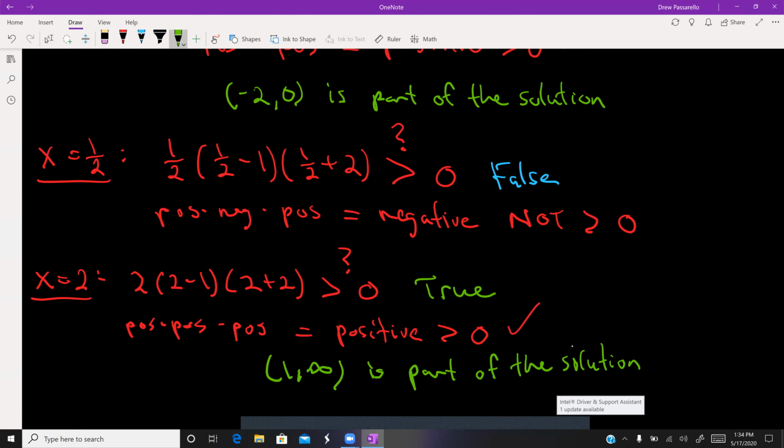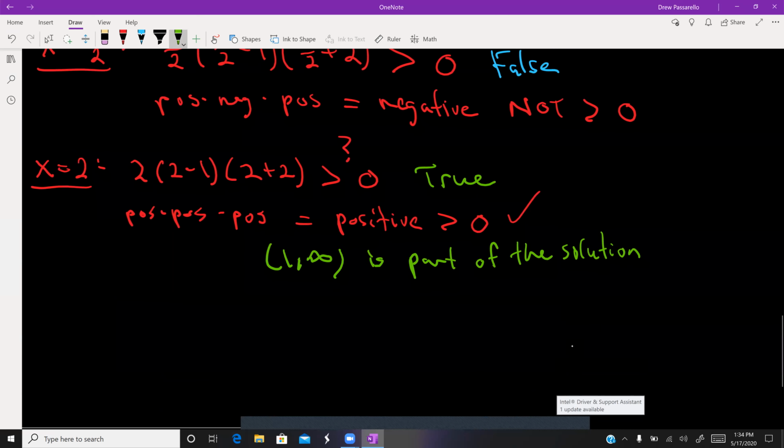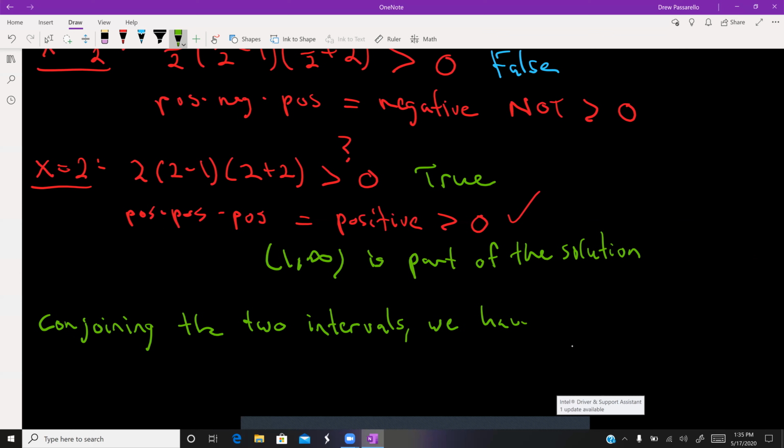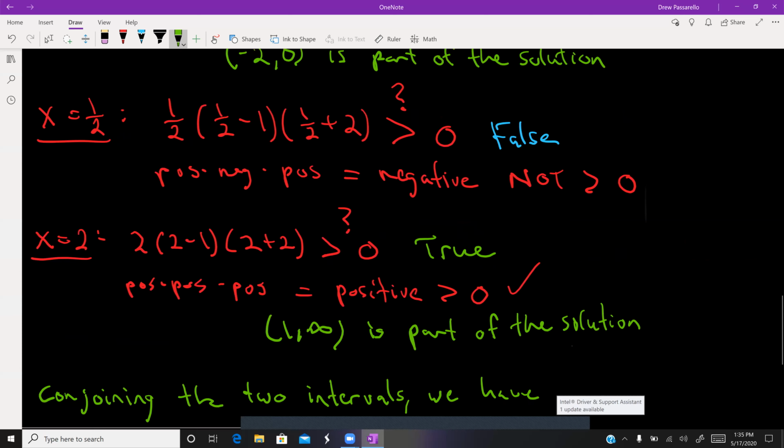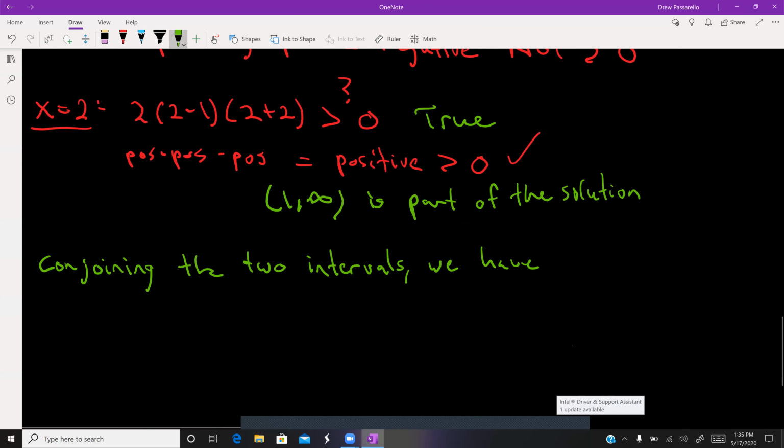All right, so therefore I conjoin the two intervals. We have possibly -2 to 0, that interval, and then possibly 1 to positive infinity.